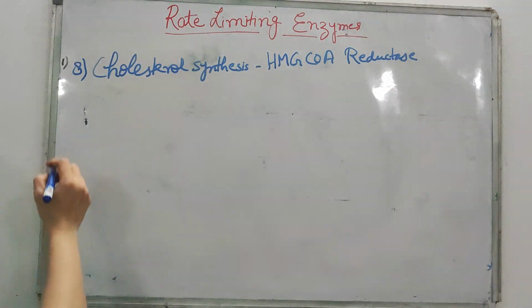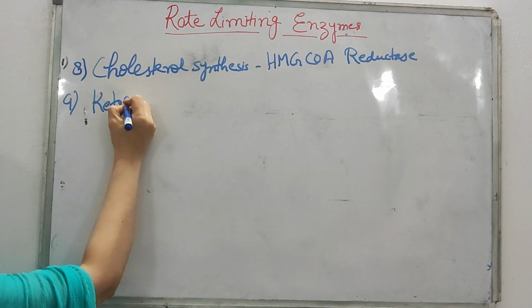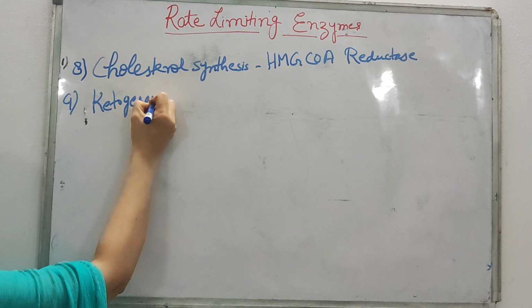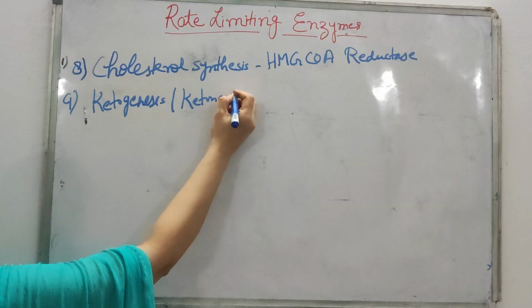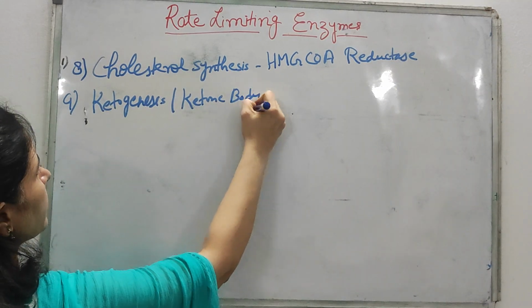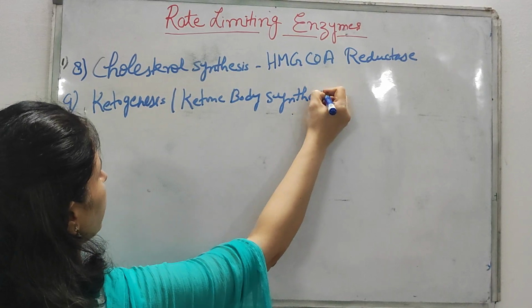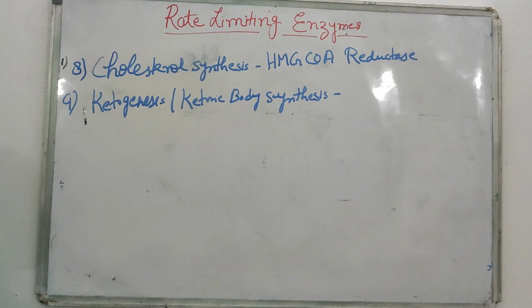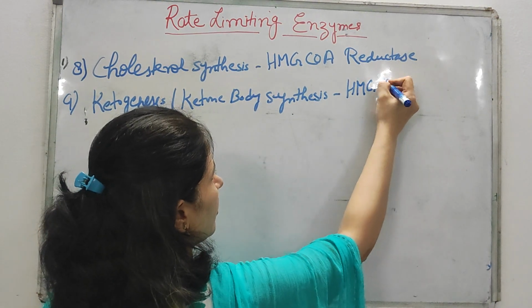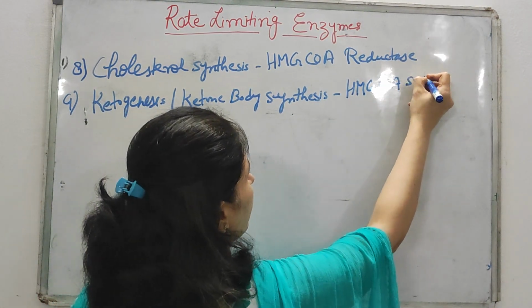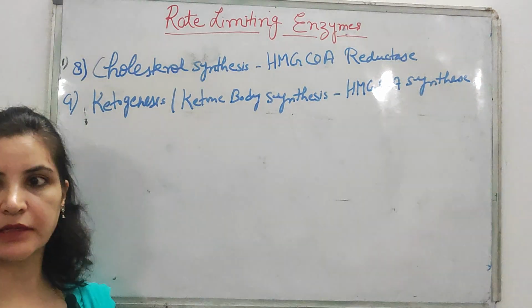Next is ketone body synthesis, or ketogenesis. For ketone body synthesis, the rate limiting enzyme is HMG CoA synthase.